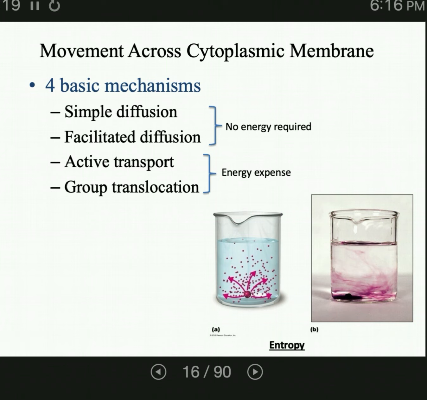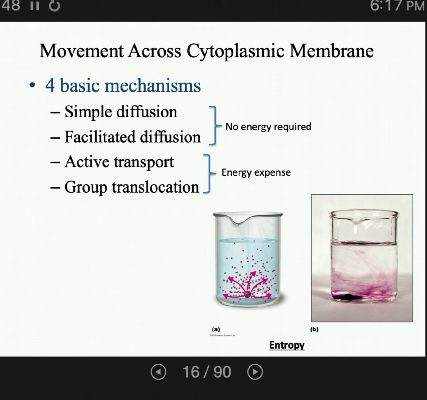So for example, you might have very little sugar outside the cell and a lot of sugar inside the cell, but the cell still wants to bring in more sugar against the concentration gradient. If sugar were left to its own devices, it would move out of the cell down its concentration gradient until it was even on both sides of the cell membrane. But the cell doesn't want that. The cell wants to hoard as much sugar as it can because that's its energy source.